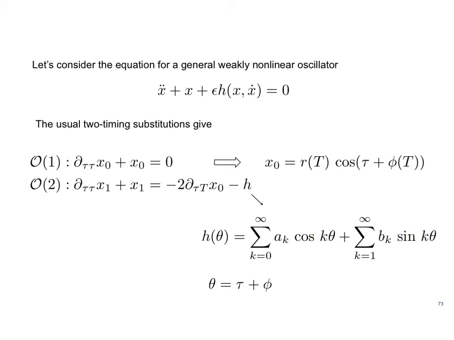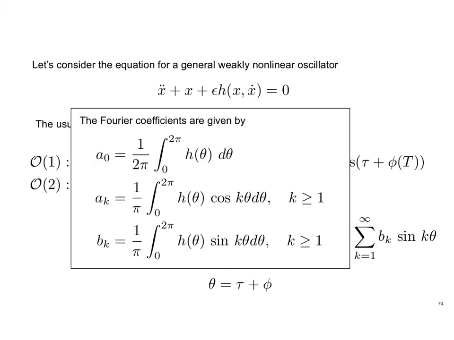Since this is a Fourier series, we already have the expression for the Fourier coefficients, a k and b k. And voila, this is it. So we have a naught, a k and b k. This is what is of interest.